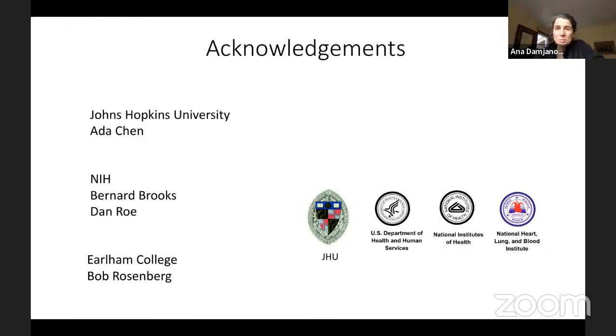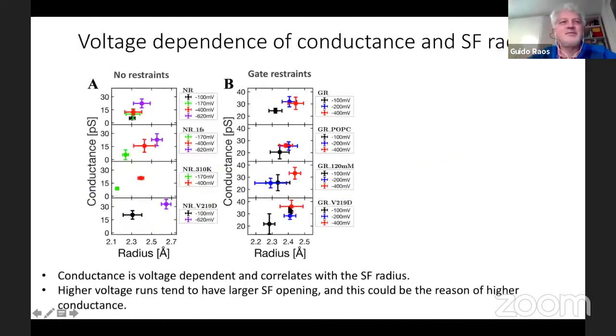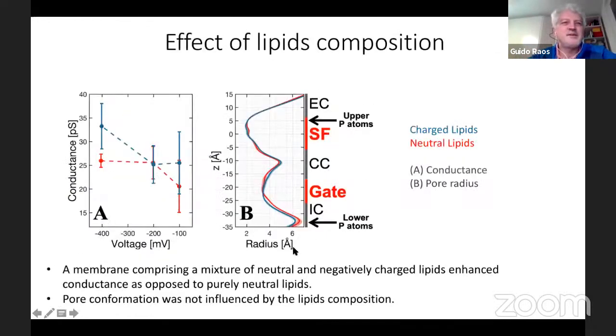So what you really need is really long simulations. Right, and the voltage that you applied is comparable to the one that you have experimentally. Yes, so we are mimicking the membrane potentials. Because this is like a non-equilibrium molecular dynamics simulation in a way.